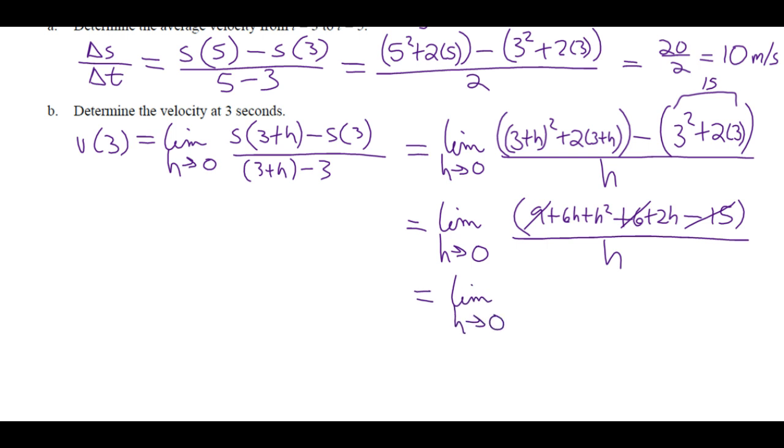All right, what do we got? h squared plus 8h. Let's call that h times h plus 8, over h. This came from h squared plus 8h, that's what's left up here, and we write it as h times h plus 8, so we can cross these h's off.